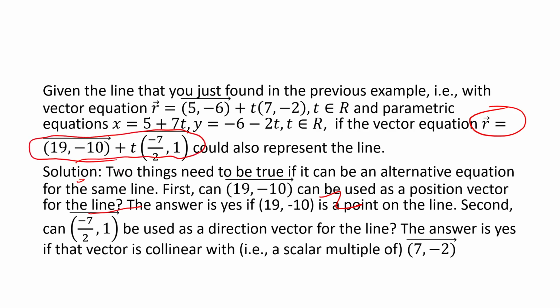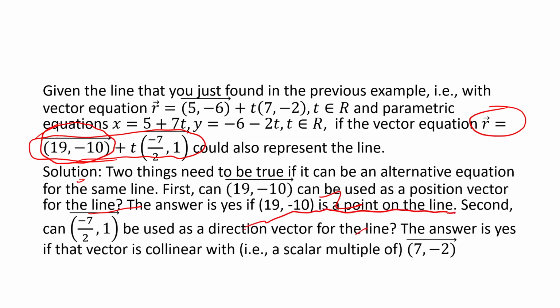If that can represent the equation of a line, then two things need to be true. First of all, this 19, negative 10 needs to be able to be used as a position vector for the line. That's another way of saying check if 19, negative 10 is a point on the line.